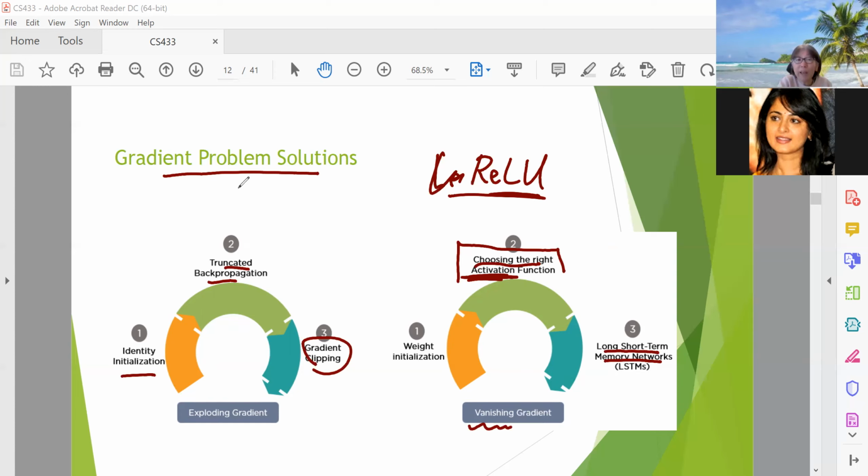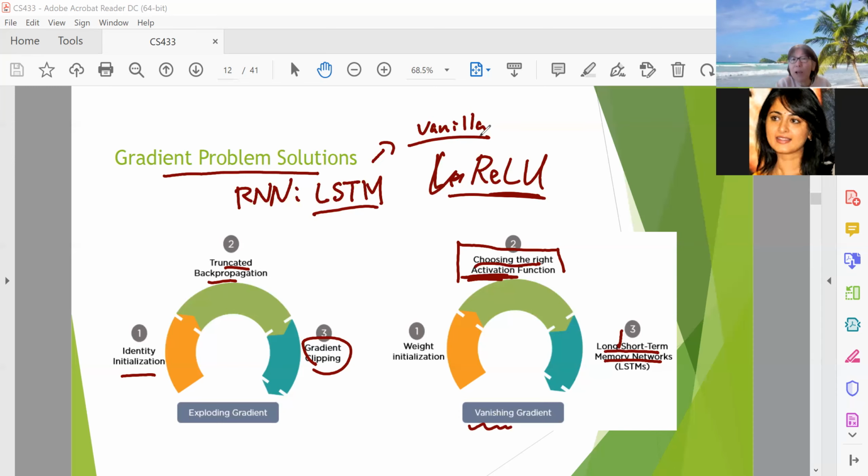So in RNN, we see this a lot: LSTM. LSTM stands for long short-term memory networks. What that is, is what we are going to discuss next. It's more complicated than the vanilla one.